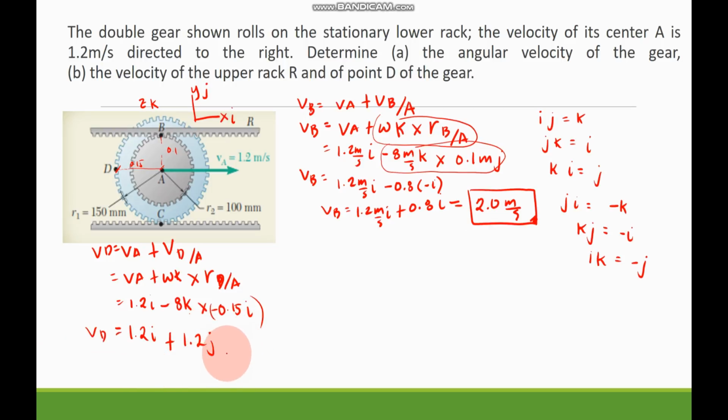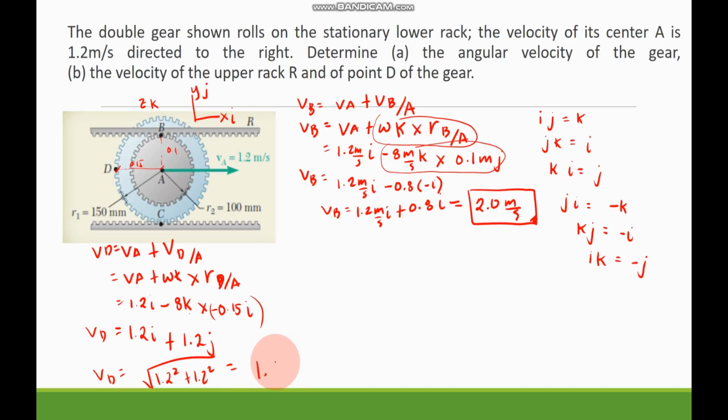So how can we determine the resultant of these two numbers here? By taking the square root of 1.2 squared plus 1.2 squared. So this is how we add vectors.